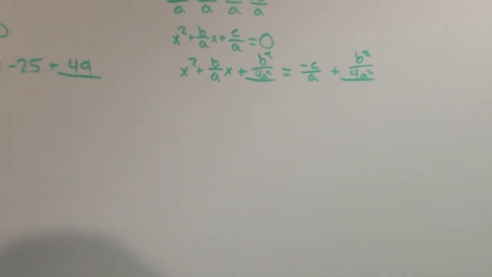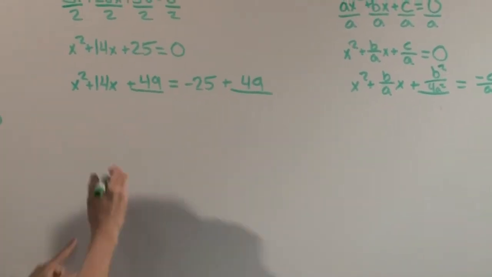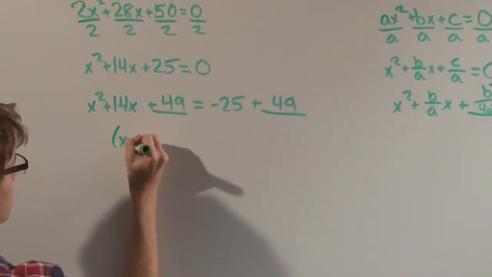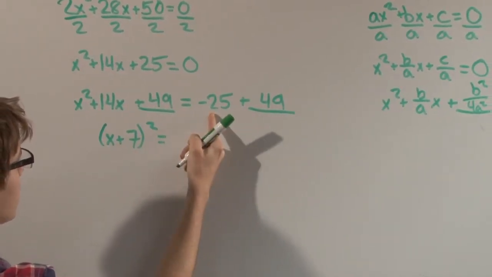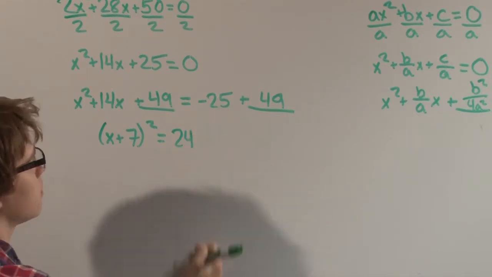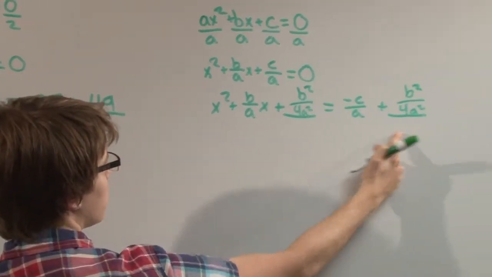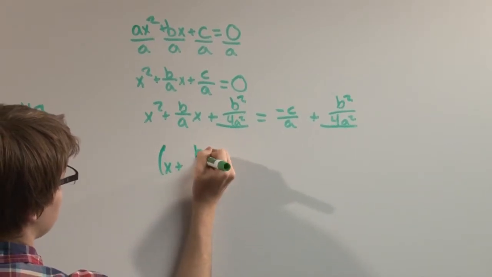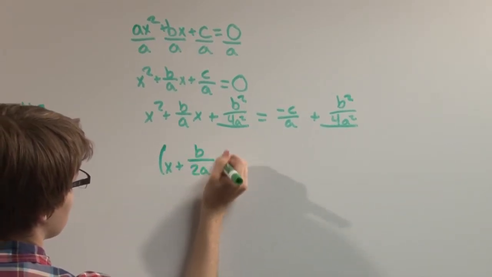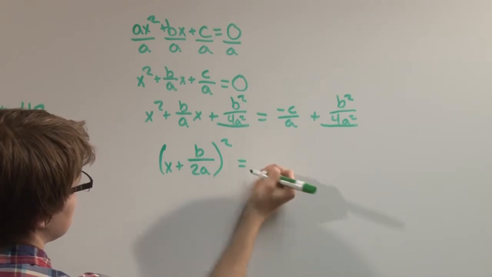All right, so now we can write this as a square. So x plus 7 squared equals 49 minus 25 is 24. And over here, we can do the same thing, right? x plus b over 2a, it looks like, squared equals.